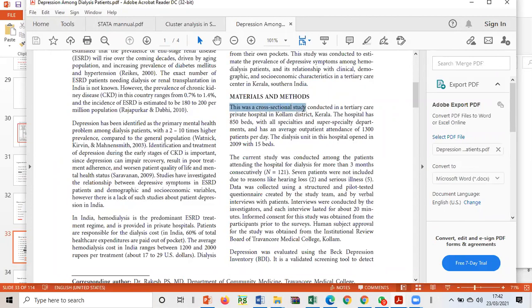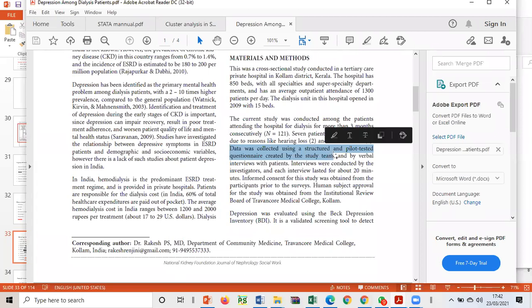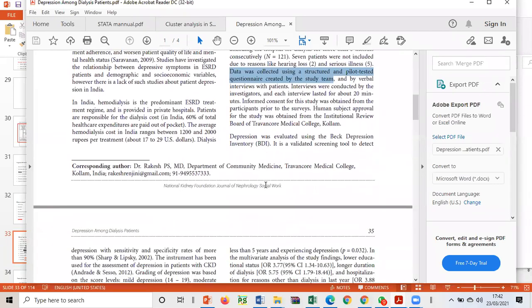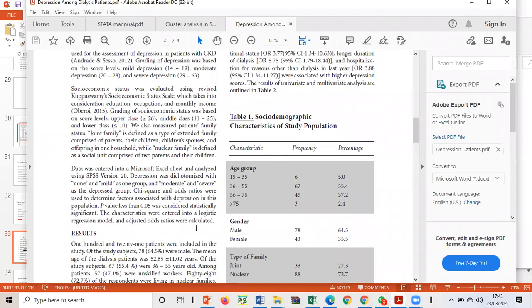This was a cross-sectional study. They tell you where it was done and how the study was conducted. Data was collected using a structured, pilot-tested questionnaire created by the team. Structured, yes; pilot-tested, yes. I mean, the questionnaire instrument is good. Depression was evaluated using the Beck Depression Inventory. That's a valid instrument. So you must read the methodology up to here.